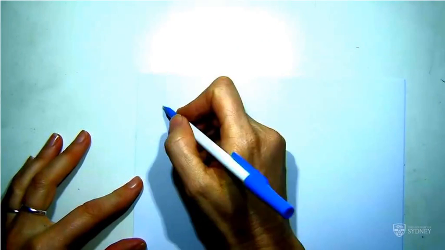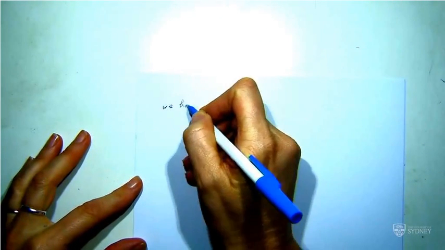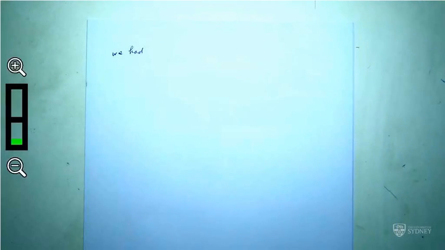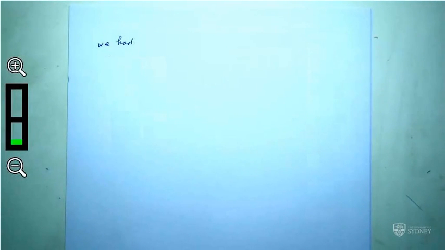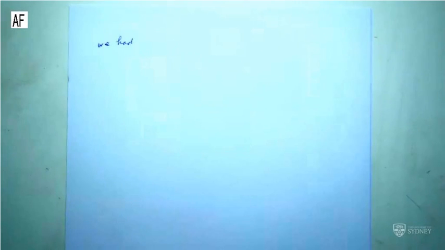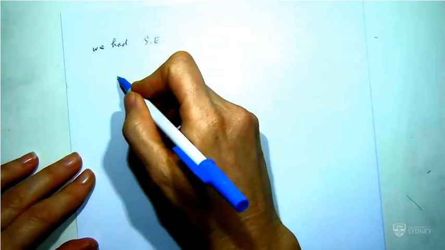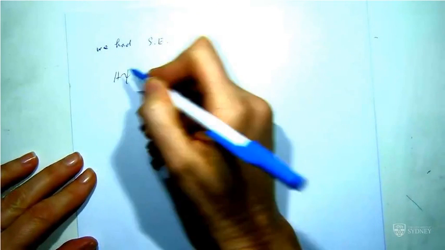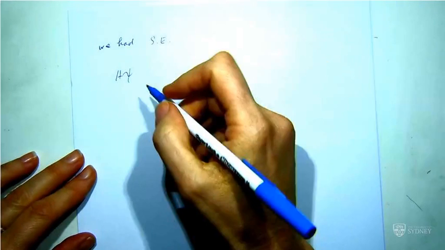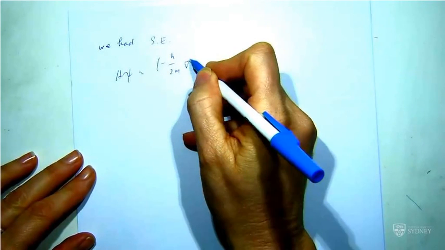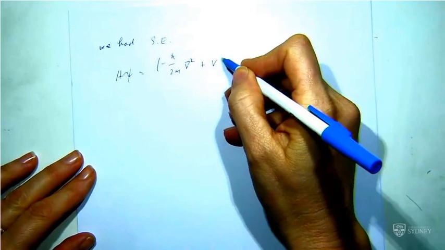So remember, we had the Schrödinger equation: the Hamiltonian acting on the electron wave function in your solid, where the Hamiltonian is minus h bar squared over 2m grad squared plus some potential.